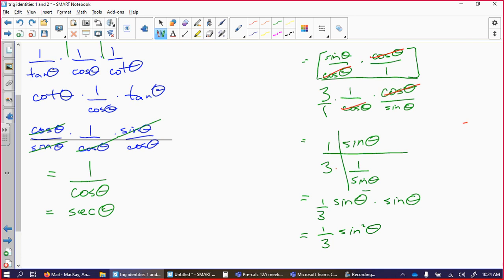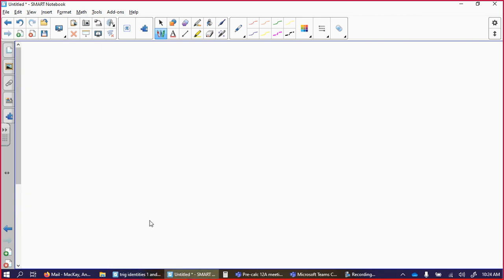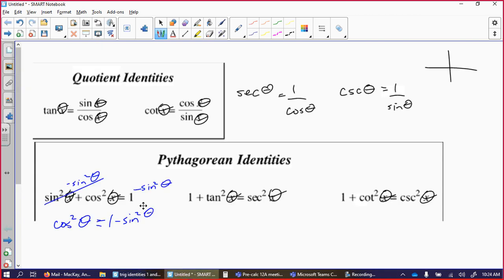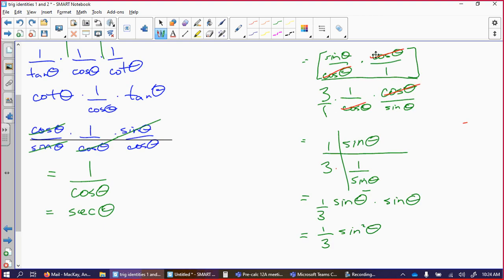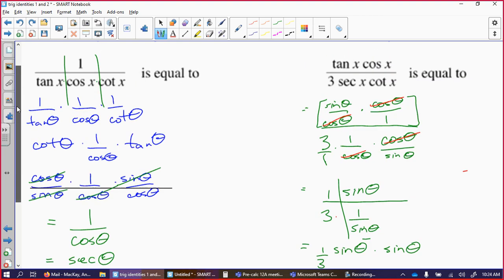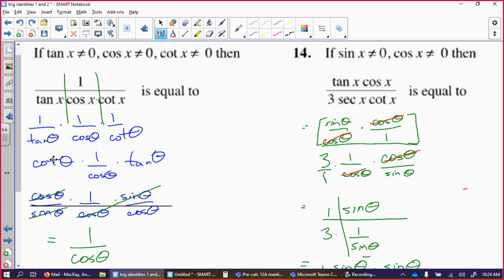But I think the key strategy for most things, unless you see a 1 minus sine squared or 1 plus tan squared or 1 plus cotan squared, a lot of the initial simplification is all about putting things in terms of sine and cosine, because that's what we did for these two. I played with that a little bit.